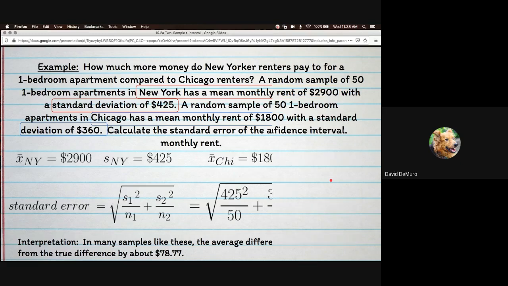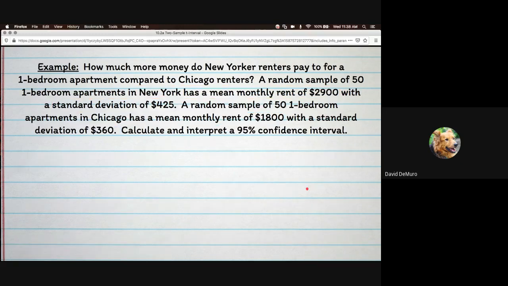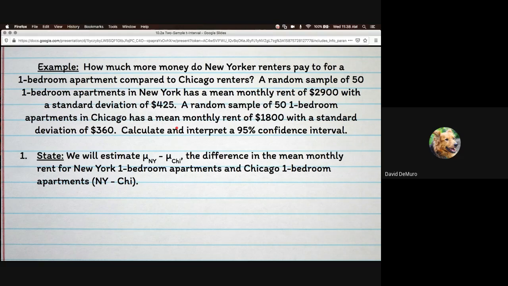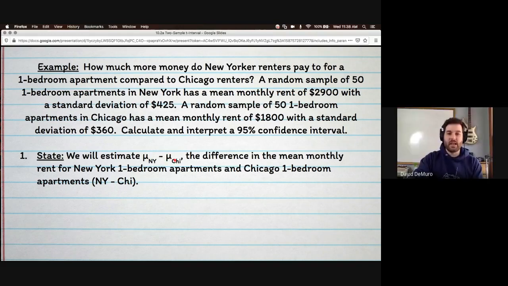All right, well, let's take a look at constructing and interpreting the confidence interval, so the full 4-step process. Same example, but here the instructions are different. Calculate and interpret a 95% confidence interval. In step 1, we're going to state what we're going to do. We will estimate mu NY minus mu CHI.